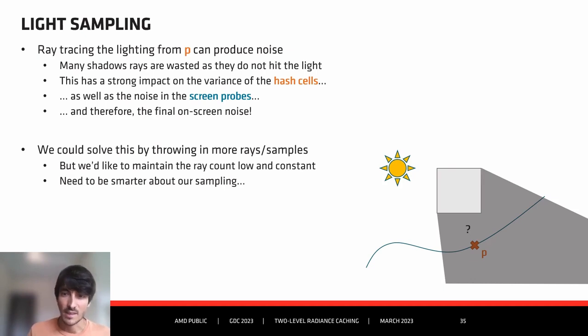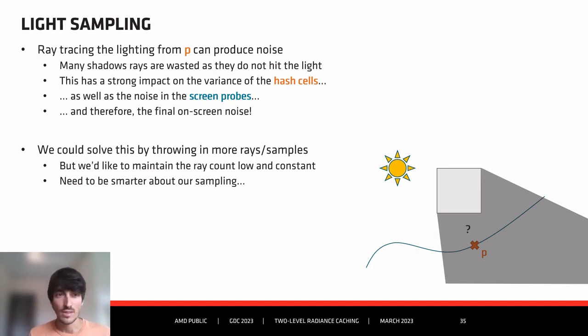So onto the topic of light sampling. This is really what this is about. How do we pick the best light sample to send our shadow rays? Here I've placed P in a way where it's partially occluded from the surrounding light. So if you were to just trace rays in random directions, you'll end up wasting many shadow rays that would not hit the light, and this has a strong impact on the variance of the hash cells and ultimately the noise in the probes and the final noise on screen.